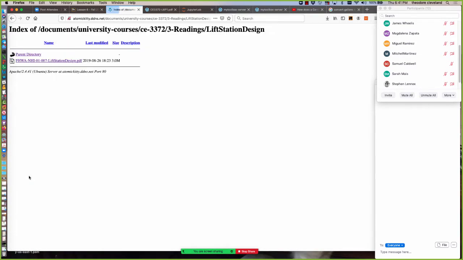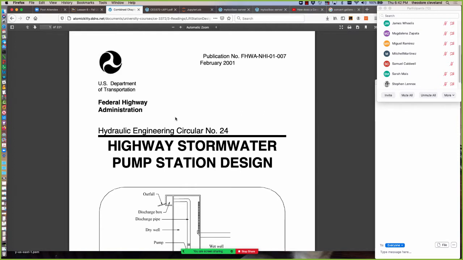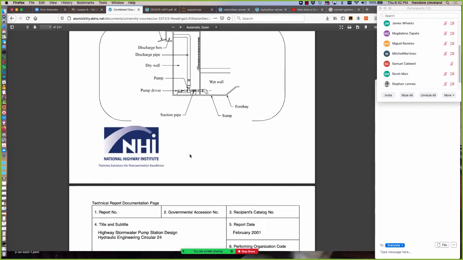And then the last one is lift station design from the National Hydraulics Institute of the Federal Highway Administration, and it has a whole presentation on stormwater pump station design.